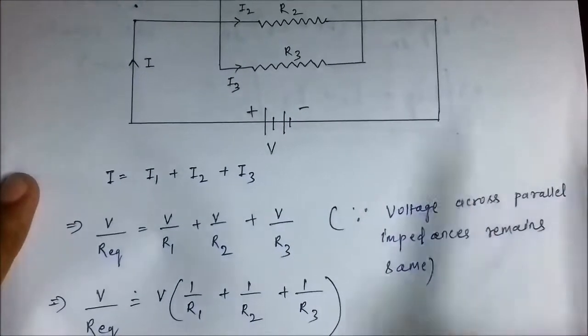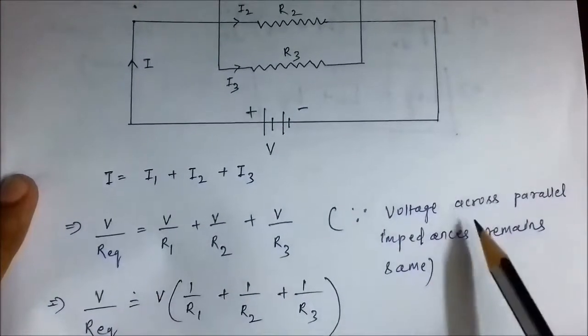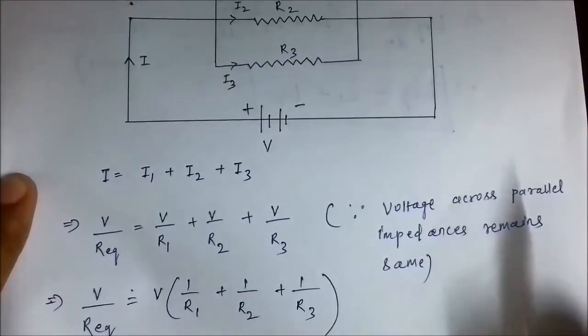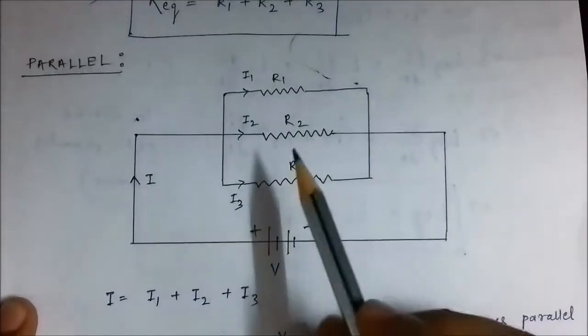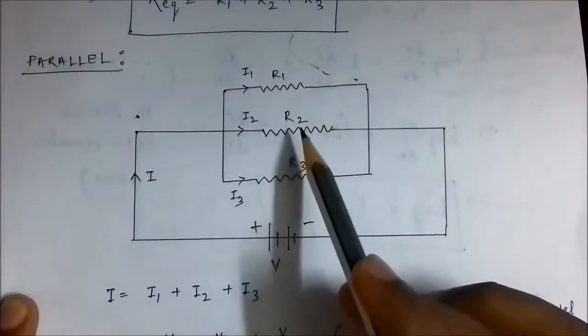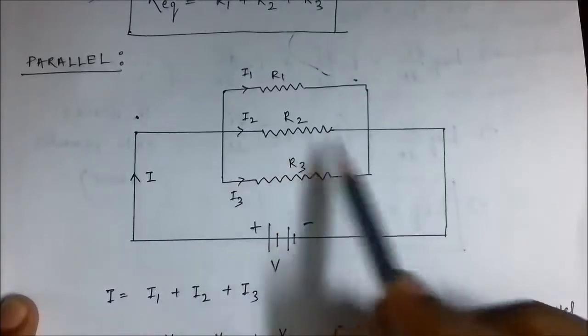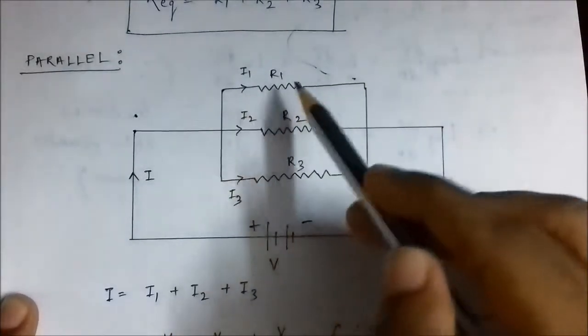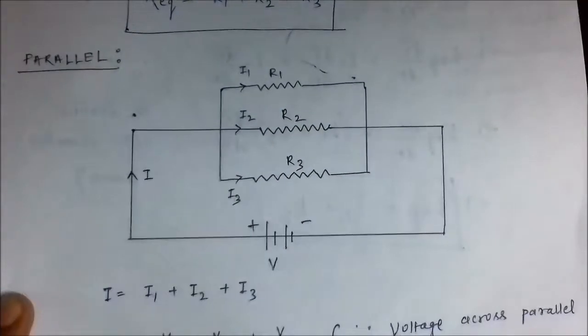Now the reason I am writing it like this is because the voltage across these parallel resistances are the same. The same voltage appears across R3, which is equal to V. V also appears across R2, across its two terminals, and also V is the terminal voltage across R1.